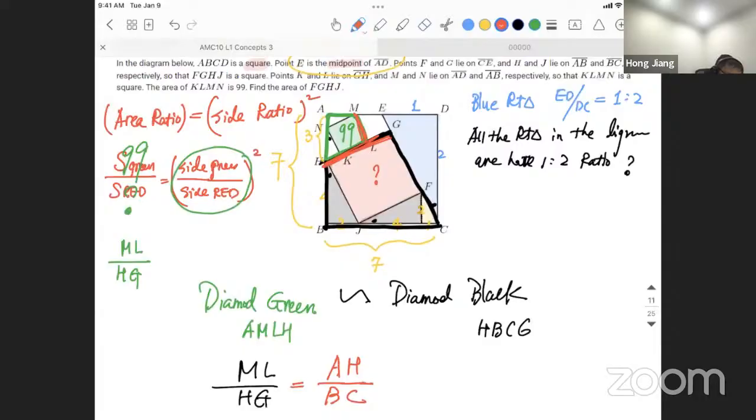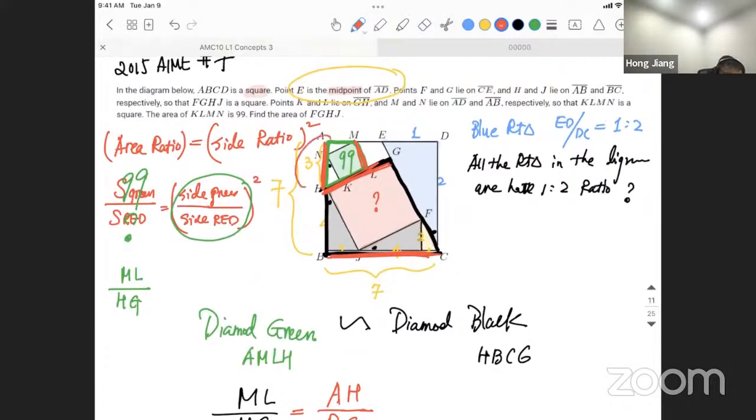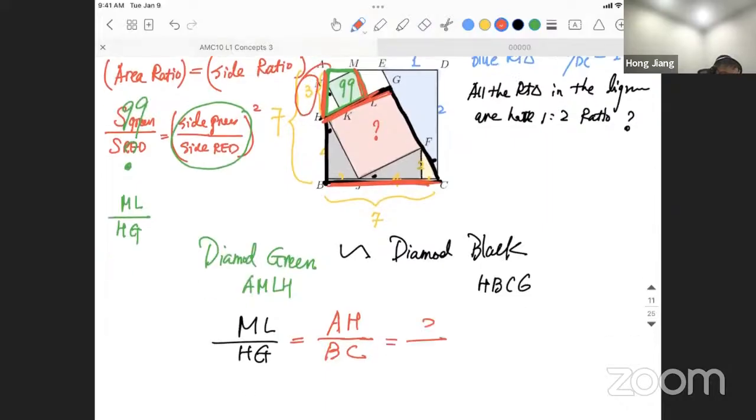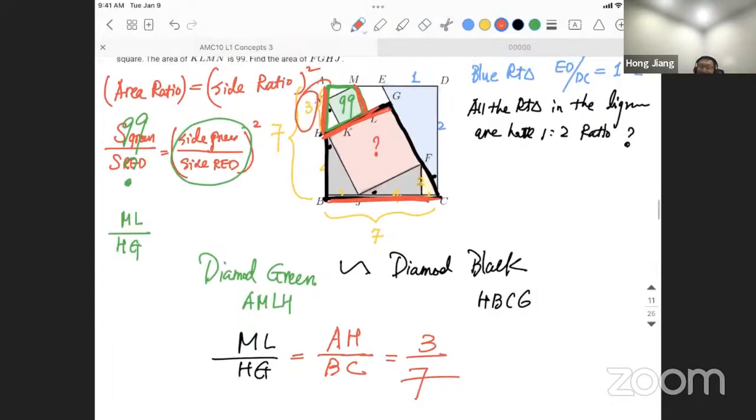Sorry, AH over BC, right? Because they are corresponding sides. Two shapes, they're similar to each other. The corresponding sides will be proportional. AH, what? AH is just calculated as 3. BC is the side length of the big square. This is 3 over 7. AH over BC equals 3 over 7, aka ML over HG is 3 over 7.